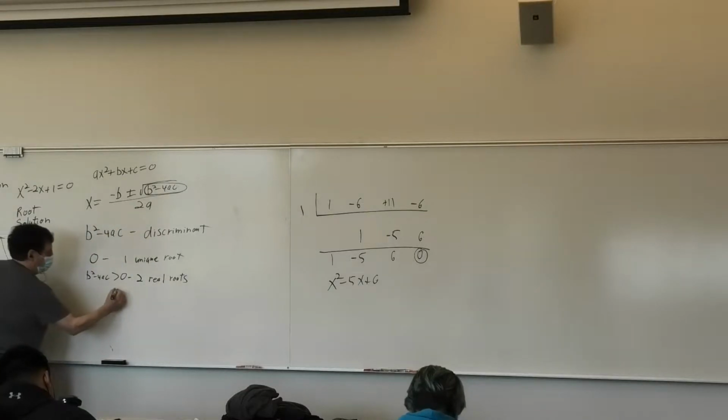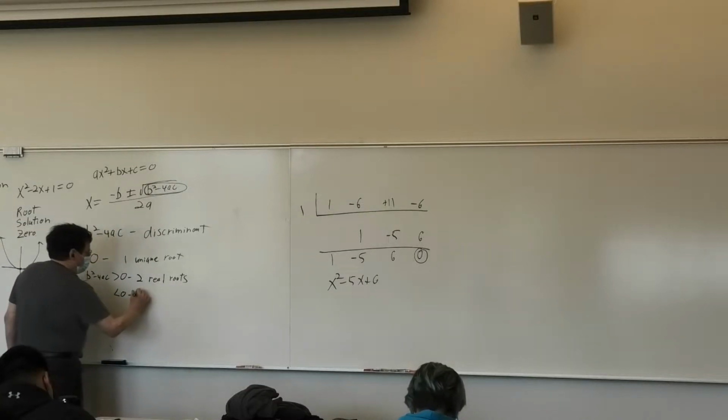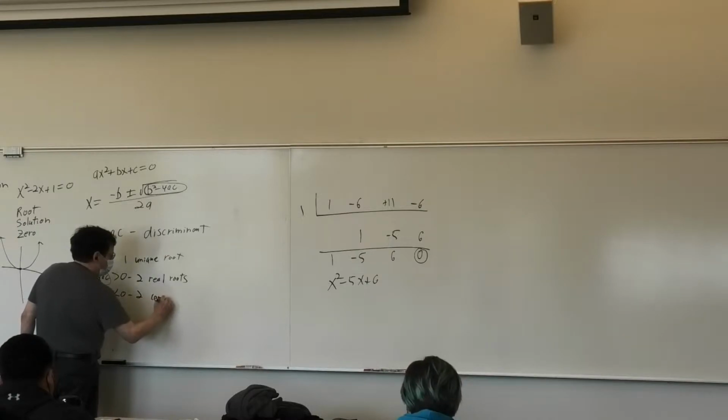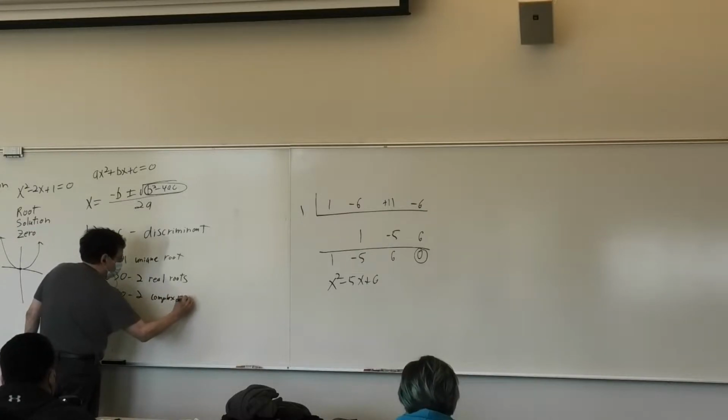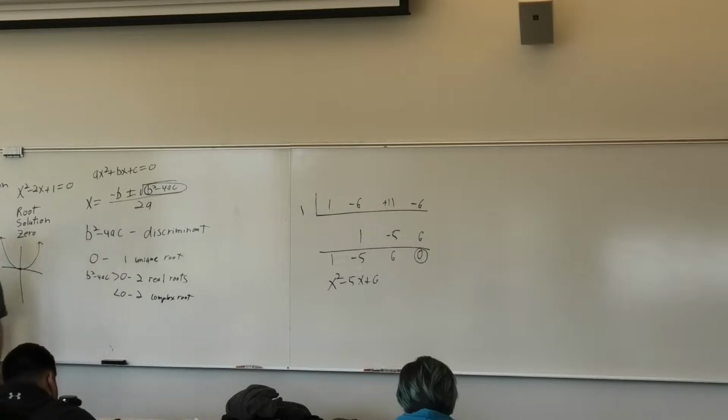And if it's less than 0, you're going to get 2 complex roots. Complex numbers involve the square root of -1, imaginary numbers. I'm not going to talk much about imaginary numbers because they don't come up very much in calculus.